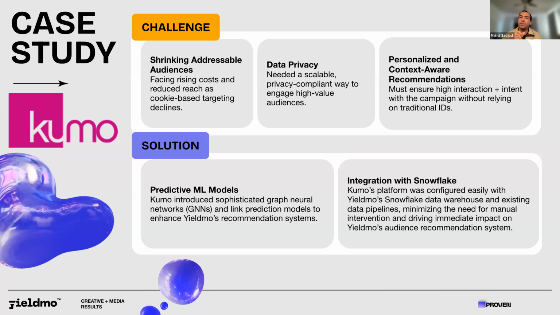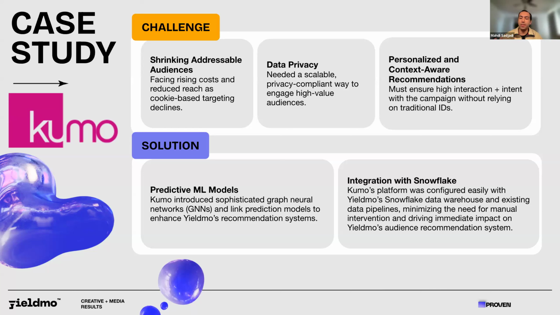Showing relevant ads to the right person is the valuable effort that we should aspire to. To address these business needs and technical needs, we started testing many different approaches, from more traditional ones all the way to using embeddings via Kumo. And we eventually decided to use Kumo for our backend engineering and backend feature generation.